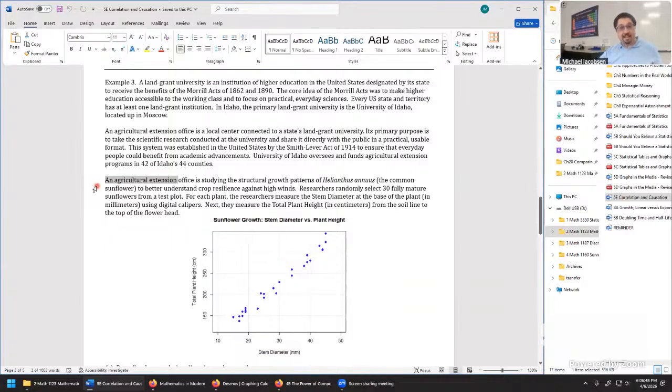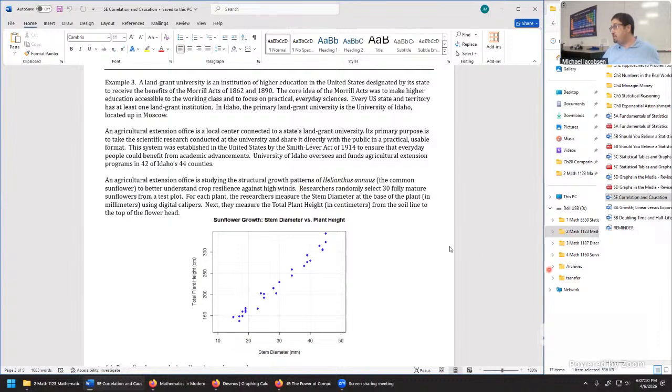So back to where these data actually came from, an Agricultural Extension Office is studying the structural growth patterns of that particular sunflower. There's a scientific name, I'm not going to attempt to pronounce it, to better understand the crop resilience against high winds, which is a big problem with sunflowers. They can blow over very easily.